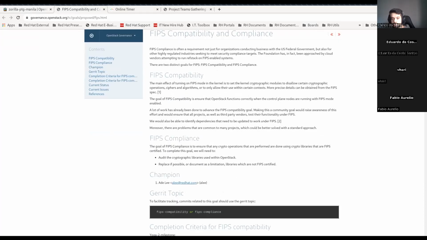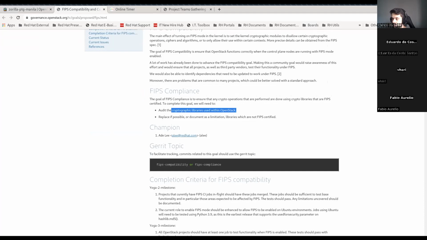But compliance is another scenario, where we need to ensure that any crypto operations that are performed are done using crypto libraries that are FIPS certified. To complete this goal, we need to audit the cryptographic modules used within OpenStack and replace them if possible, or document as a limitation the libraries which are not FIPS certified.